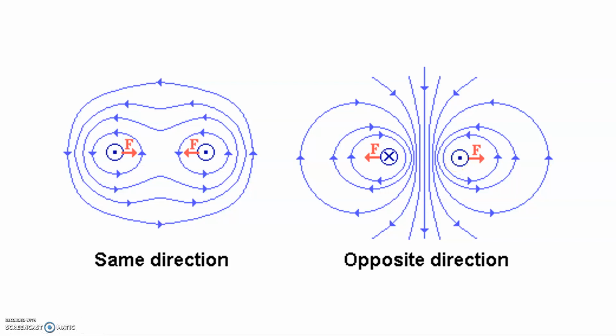So again, we can use our right hand grip rules. For this one over here, we put our thumb away from us, and so we see our fingers curl around in a clockwise direction. For the wire to the right, we put our thumb out, and our fingers curl around in an anti-clockwise direction.